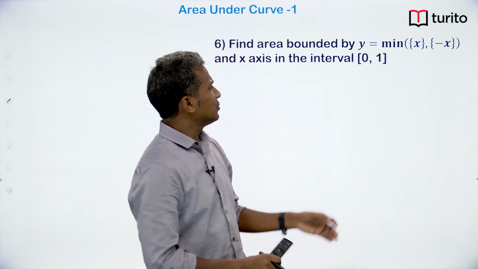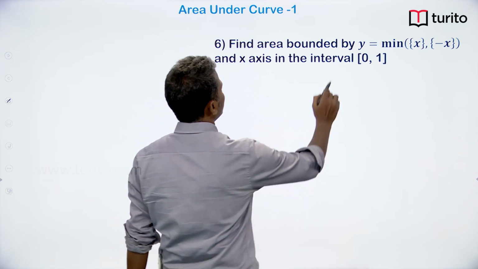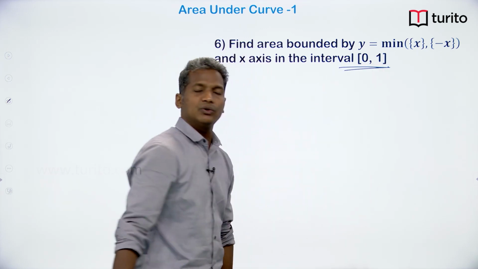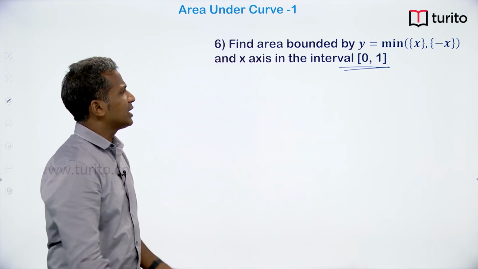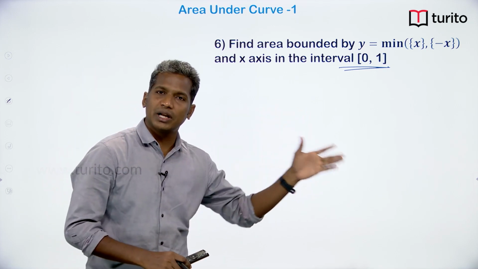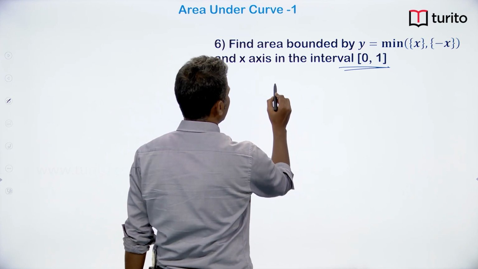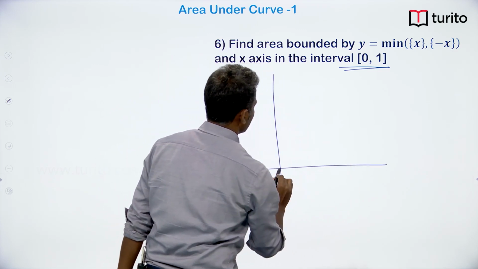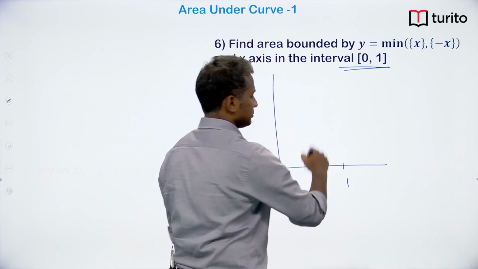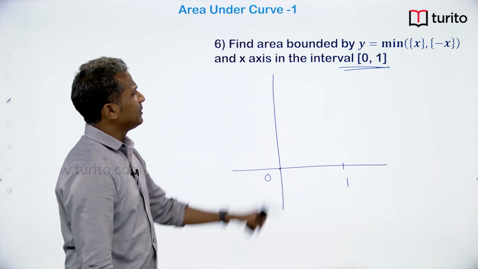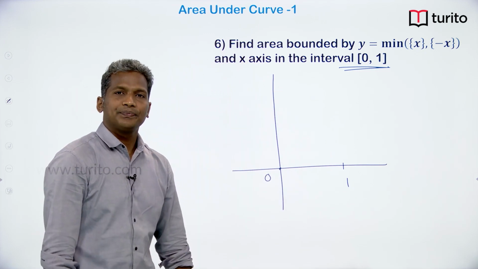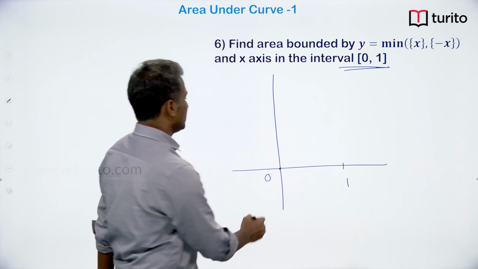Okay. So here it is already mentioned that we want the area in the interval 0 to 1. So we can draw the graph only between 0 to 1 by substituting values also, because the interval is a very simple interval. So let me first draw the graph of first function, which is the bracket x. You already know that function.